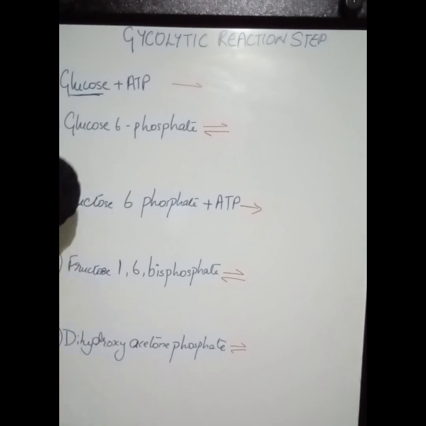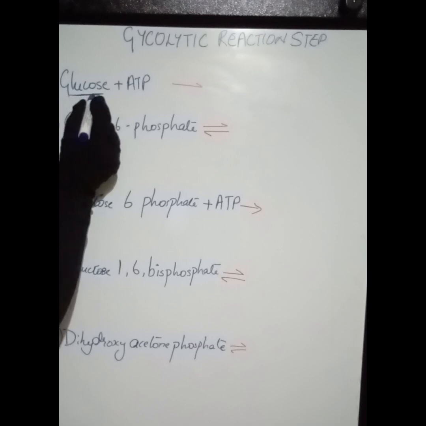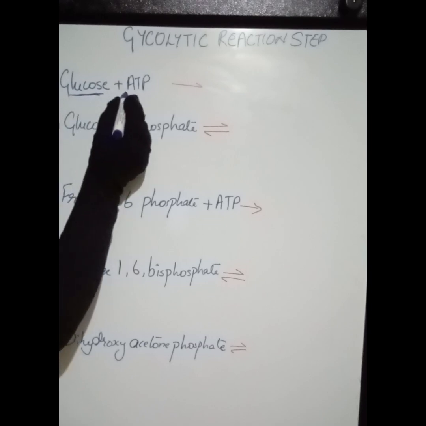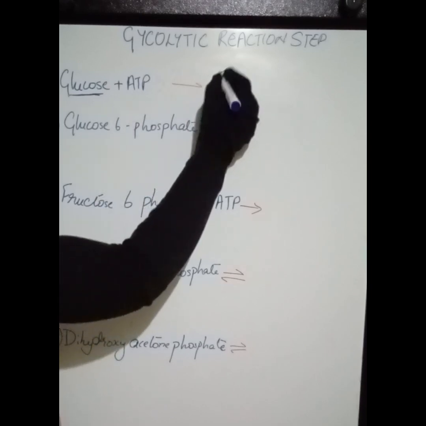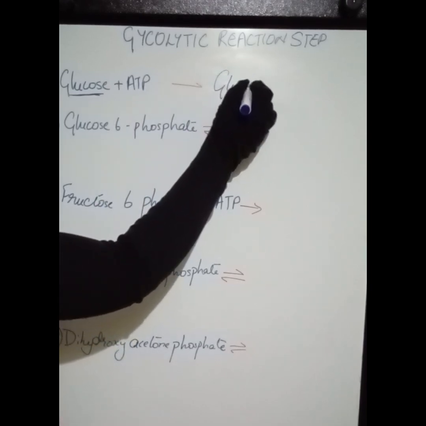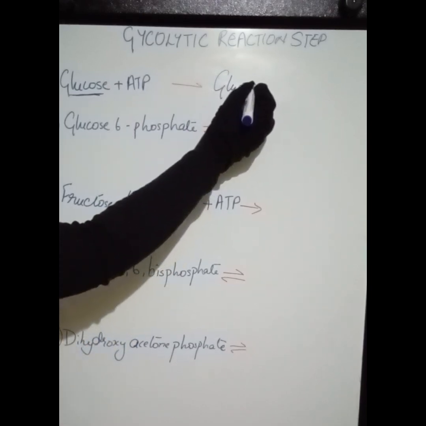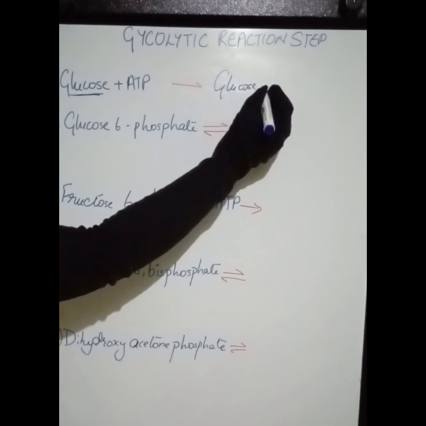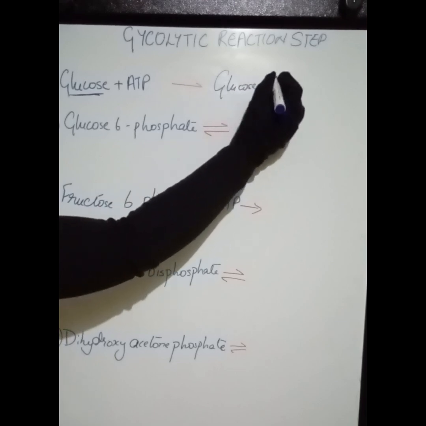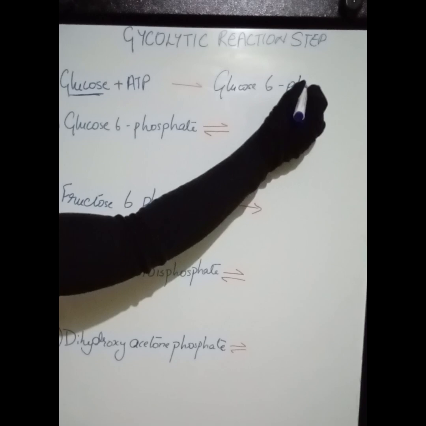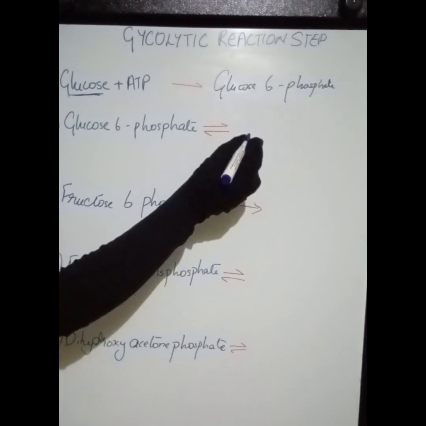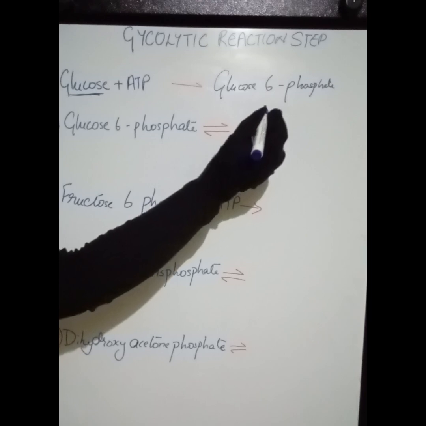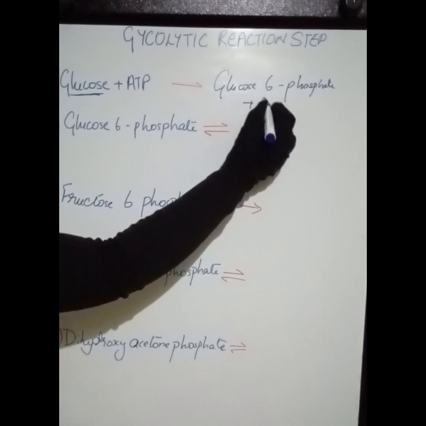The first step includes where a glucose molecule consumes an ATP molecule to produce glucose 6-phosphate plus ADP.